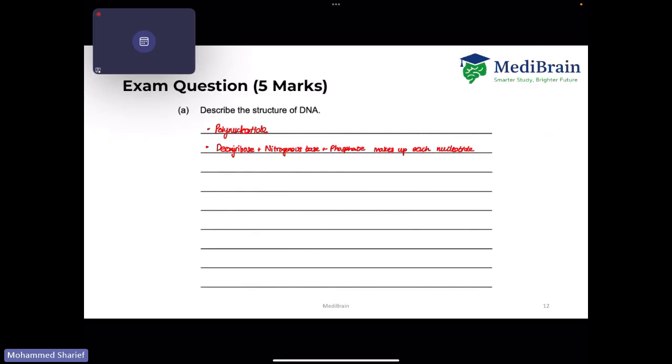Okay, what bonds are present? Hydrogen bonds are present between complementary base pairs. And then we've got phosphodiester bonds present between nucleotides.